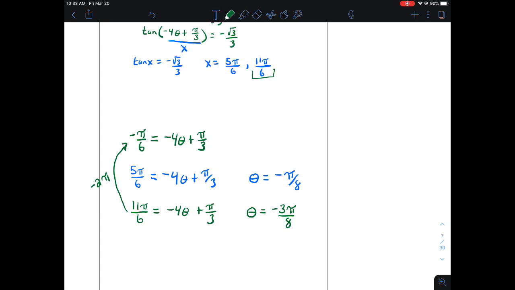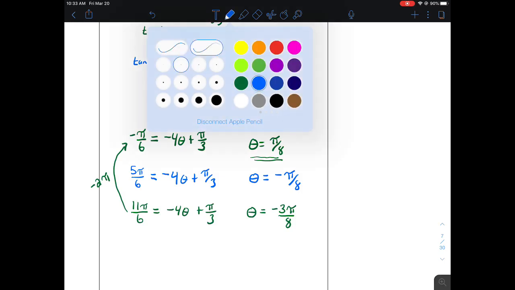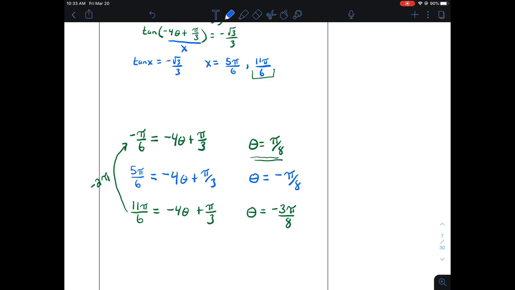So from here, same game, subtract the pi over 3, I divide by negative 4, and we get positive pi over 8. Hey, there's a value for theta that would work. Now, I don't stop just because I got one. I want to keep going, because there could be more values of theta.